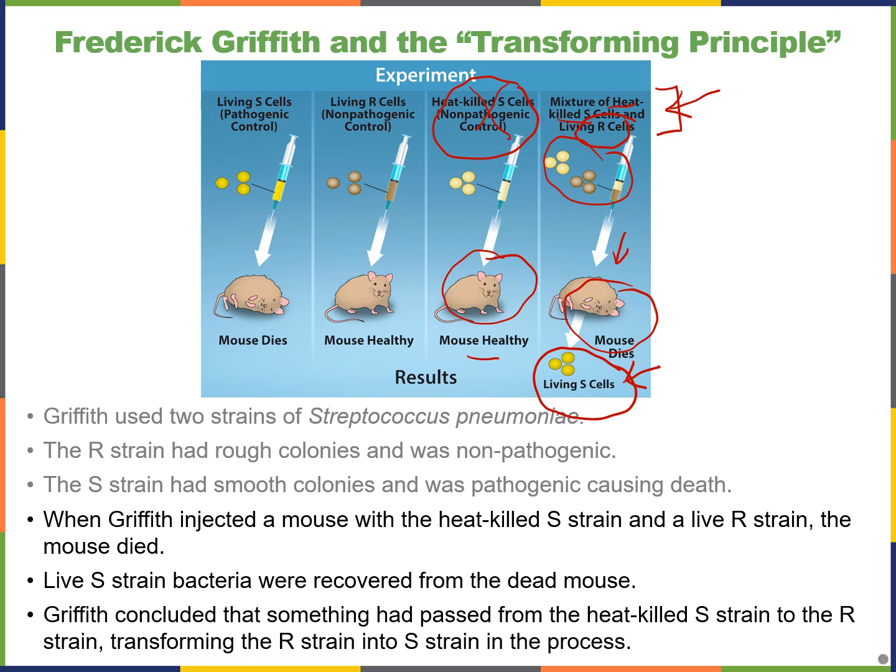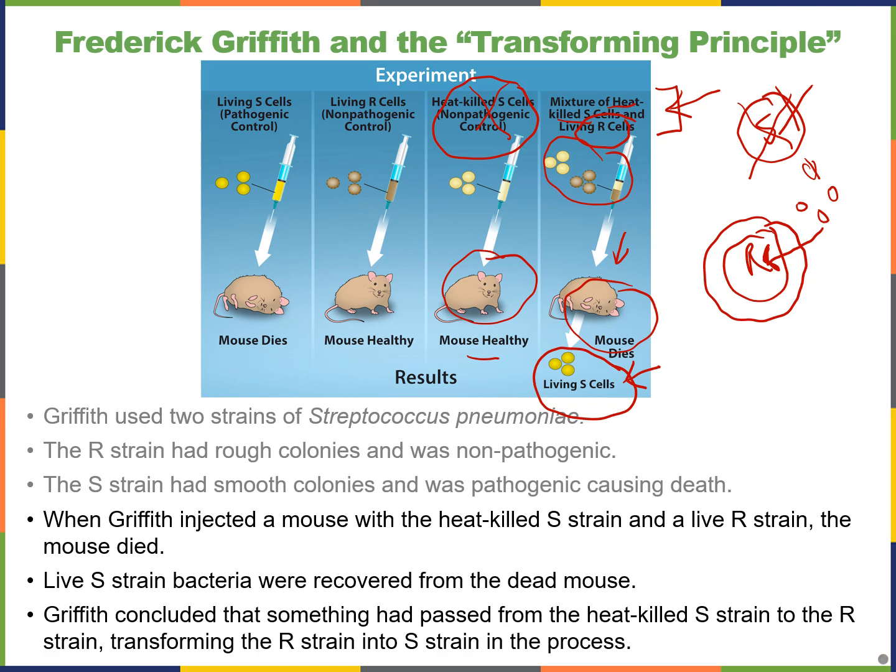He concluded that something was released by the heat-killed S cells. So let's say this is an S cell, and you're killing it. And maybe something is released, so some kind of particle is released by those dead S cells and enters the R cell, giving them the instructions to produce some kind of capsule that turns them into S cells.